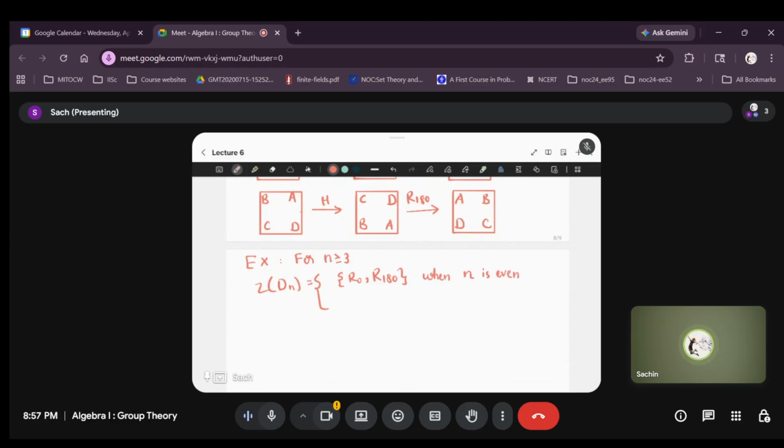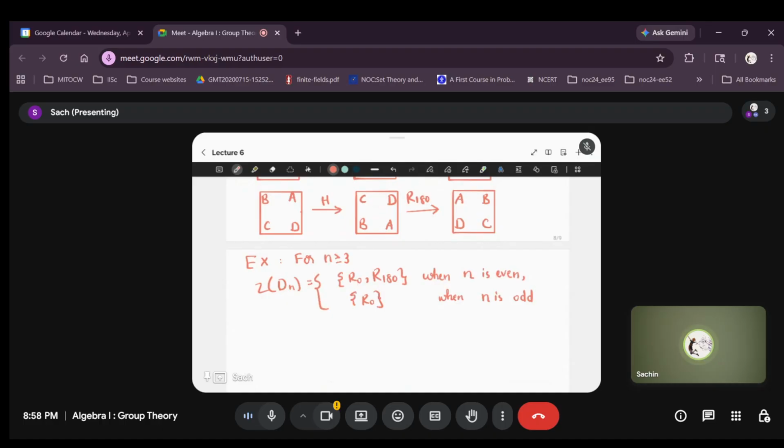Otherwise, R180 won't exist in the group. So, in the case when n is odd, only R0 is in the center. That completely characterizes the center of every dihedral group.